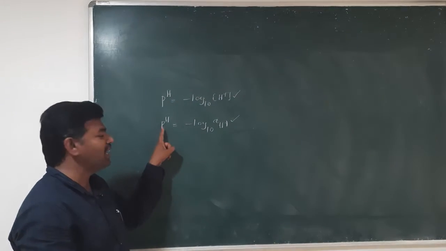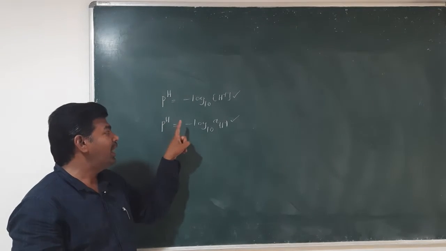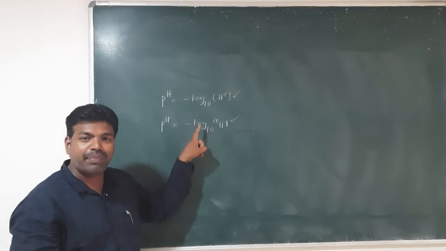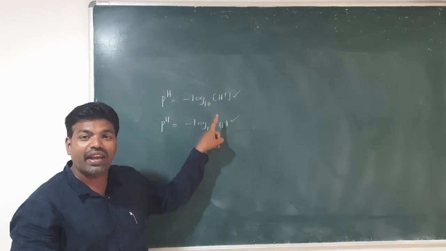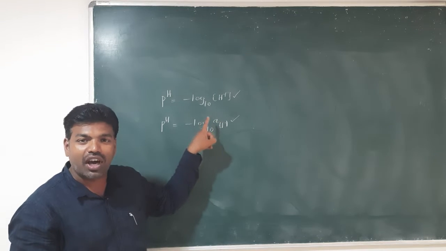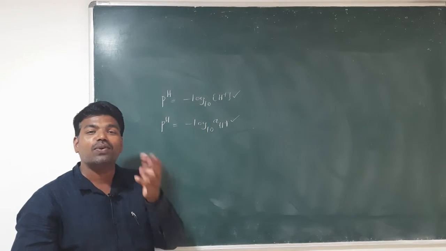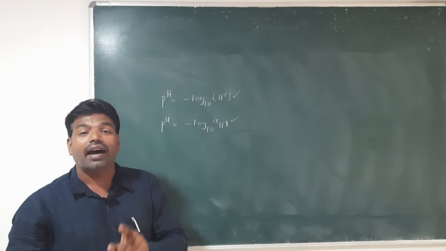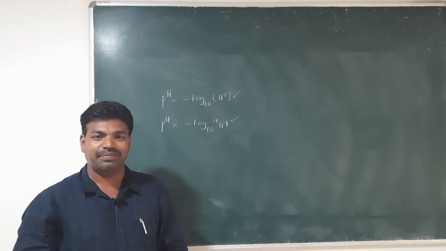And pH is equal to negative logarithm to the base 10 of the activity of H plus ions; this formula allows us to calculate the pH of high concentrated solutions, more than 0.1 normal.